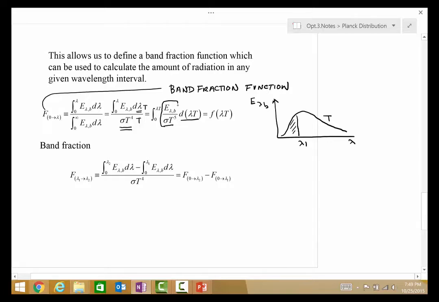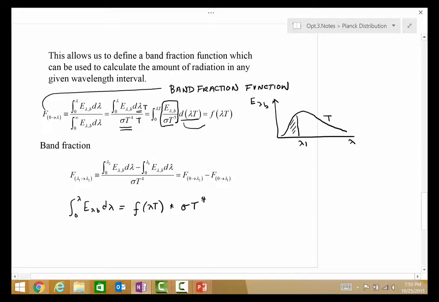We know that E_lambda,b over sigma T to the fifth is purely a function of lambda T. And so we have the fact that the integral from 0 to lambda of E_lambda,b d lambda is equal to this band fraction, F of lambda T, times sigma T to the fourth.